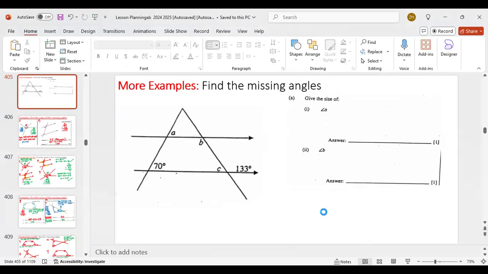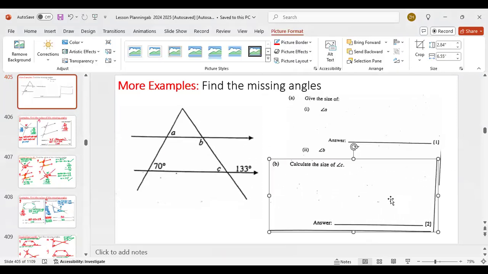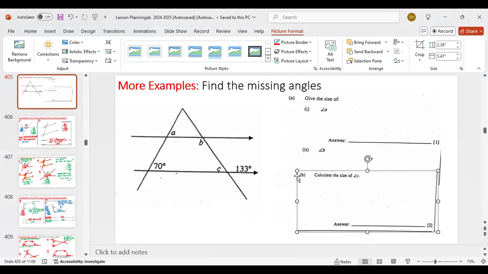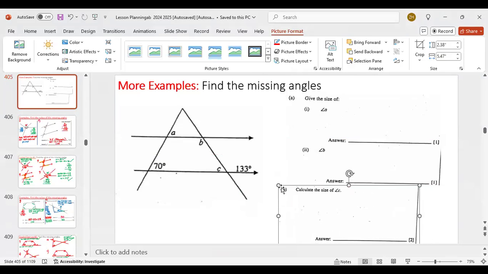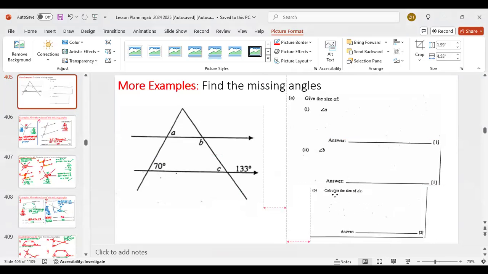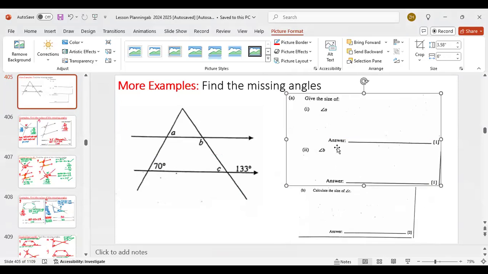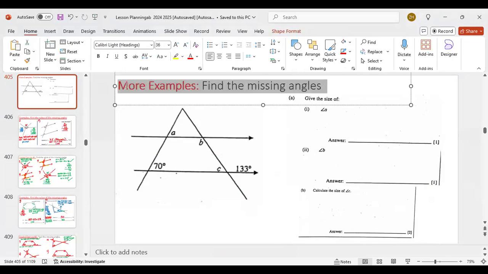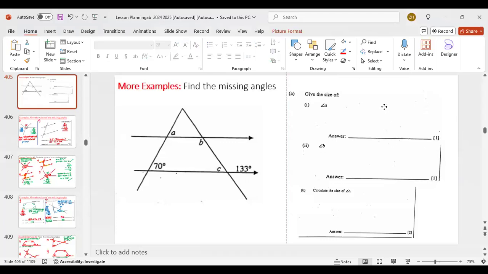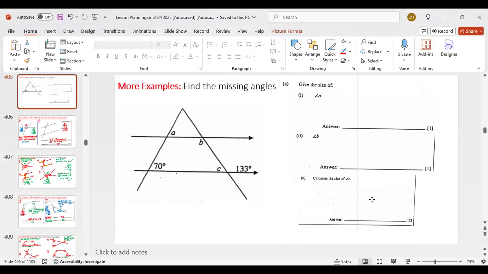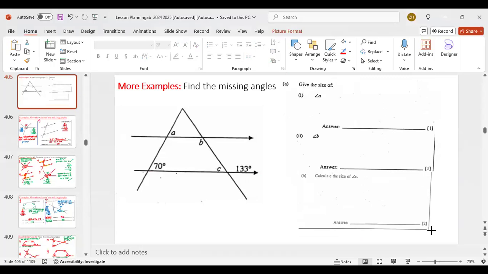They want us to give the size of angle A and B, and then they want us to calculate the size of angle B, angle C. Let me make this smaller so we could use all our space. Put this up here, put this here, and we're good.